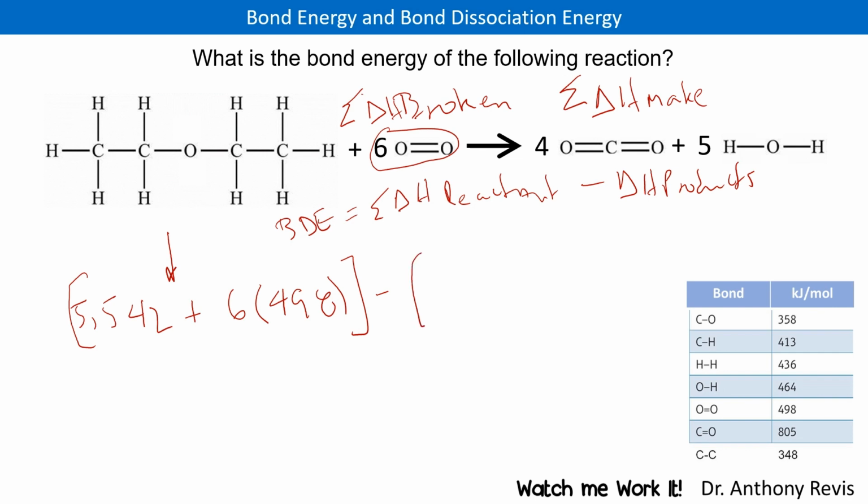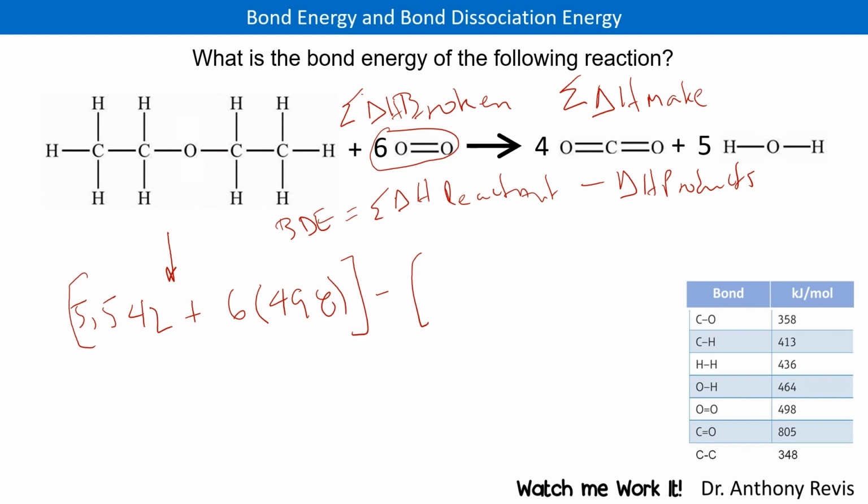And so we're going to subtract the bonds on the product side. Here we have 4 carbon dioxide molecules. So we take a look at the carbon dioxide molecule. We can calculate that as well. And what we found is that 1 carbon dioxide has a value of 1610.